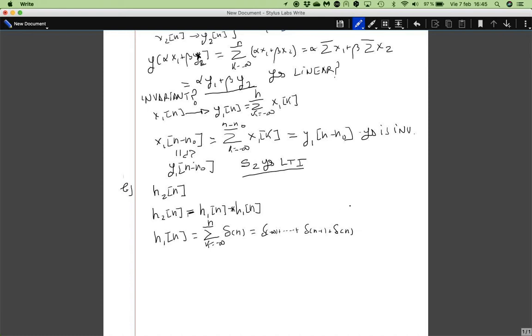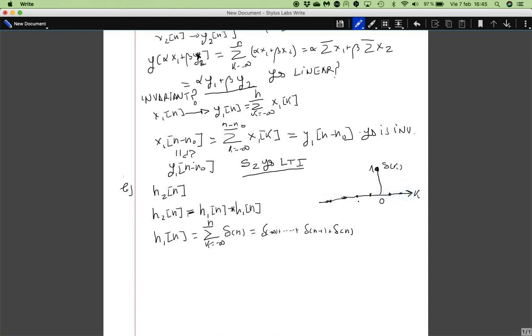So basically, let's imagine that we plot the following thing. In a k-axis, we plot delta of k. So this will be 1 at 0, and basically everywhere else we will have 0.